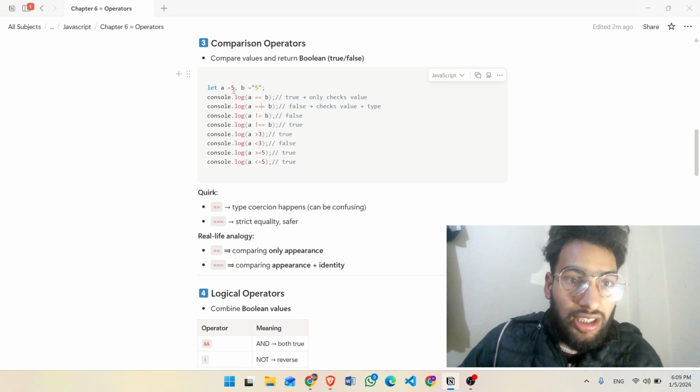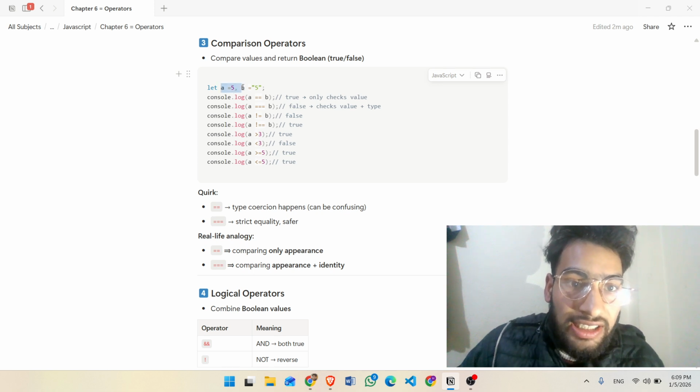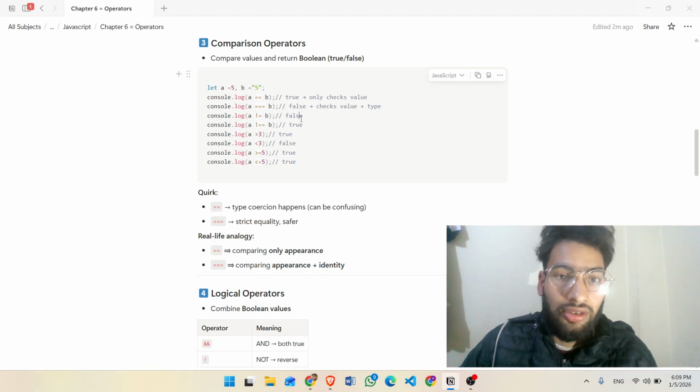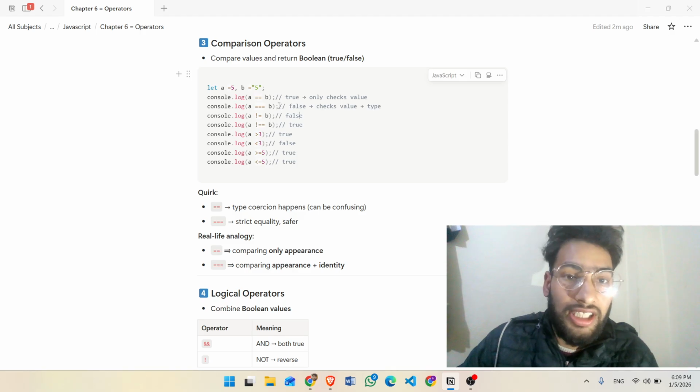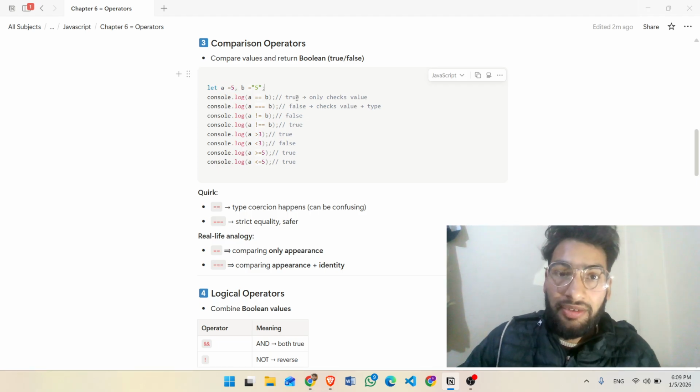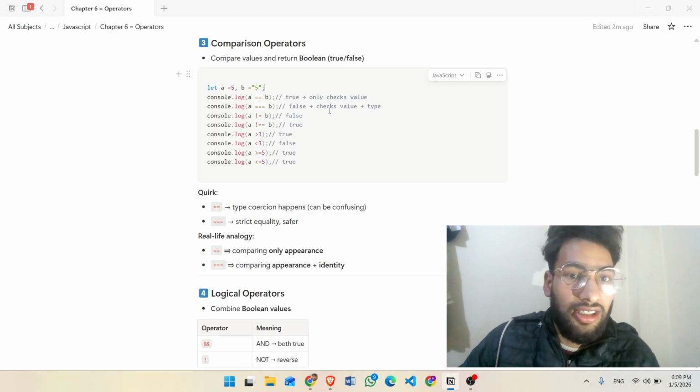Like, is it a number or a string? It sees both. Are number and string the same? No, it is saying false. They are different variable types. a is integer type and b is string type. So this becomes false.